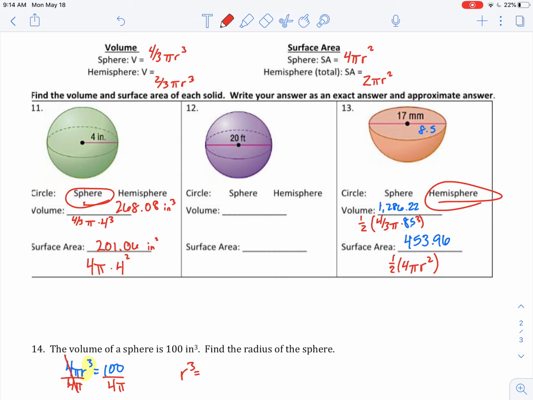So r cubed equals 100 divided by 4 pi. That's going to be 7.957, so 7.96. And then I'll just take the cube root of that, 1.996. And that would be inches.